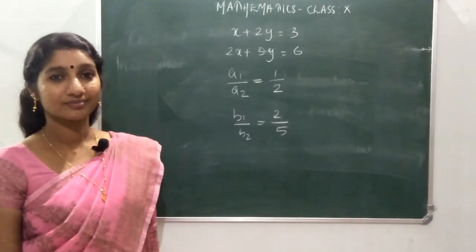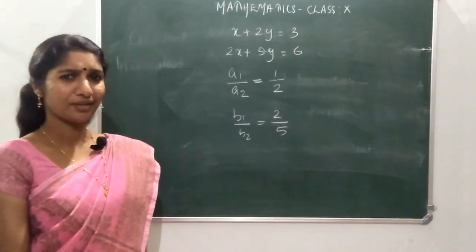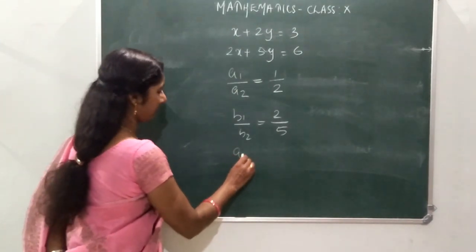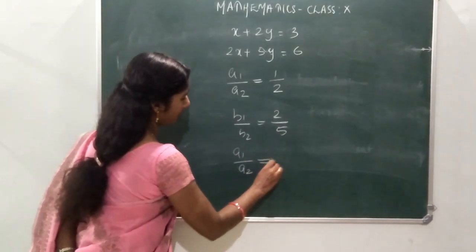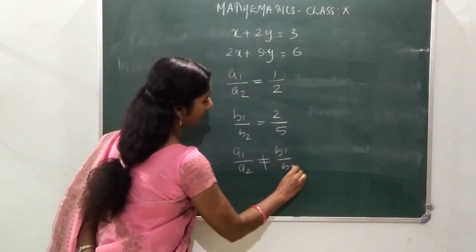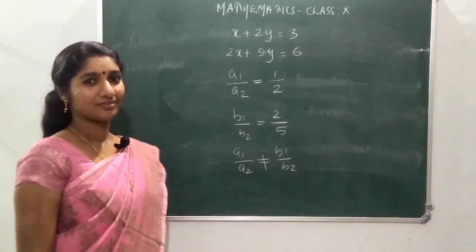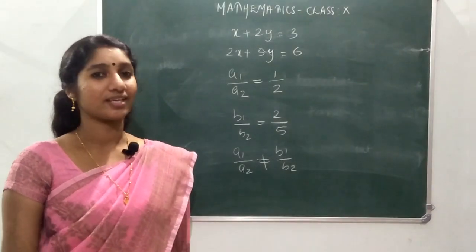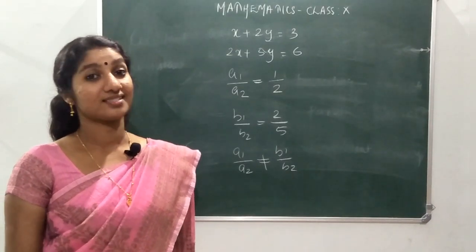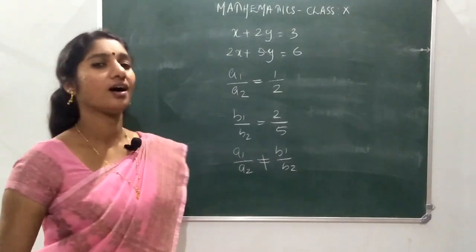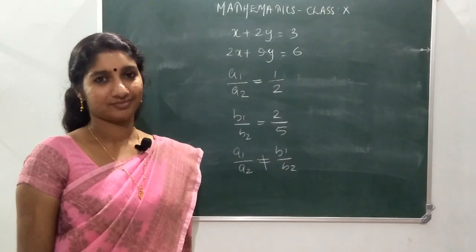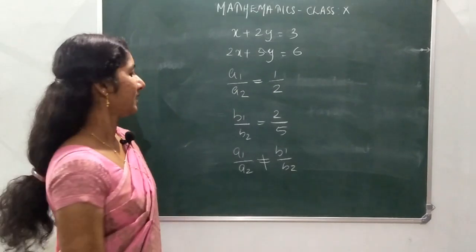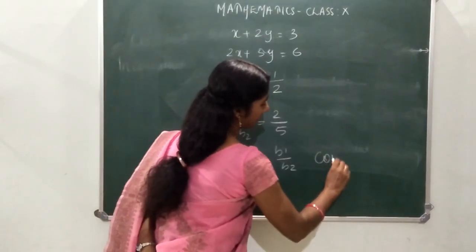They are different. So a1 by a2 is not equal to b1 by b2, meaning a unique solution case. Since it has a solution, these equations are consistent. Clear? Consistent equations.